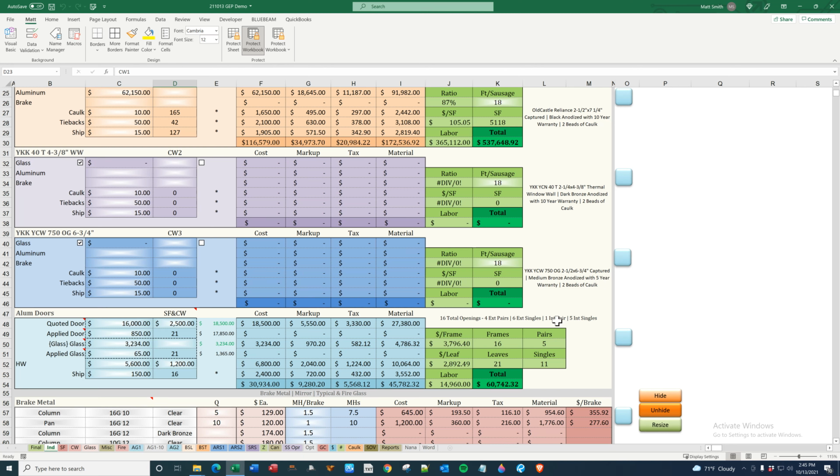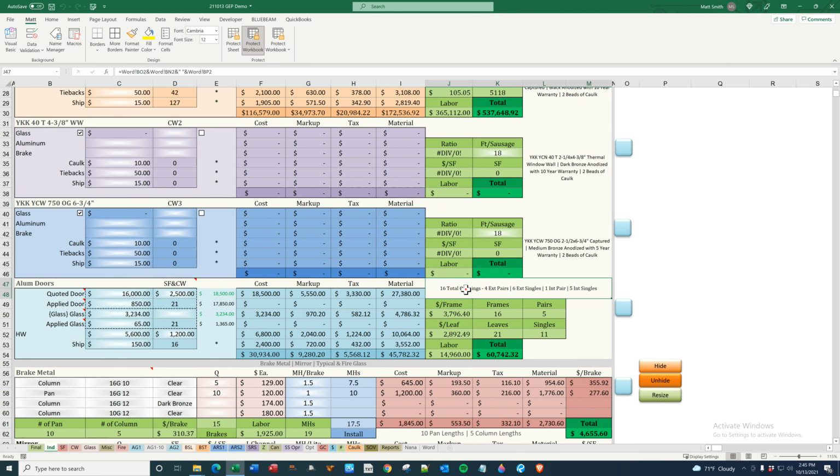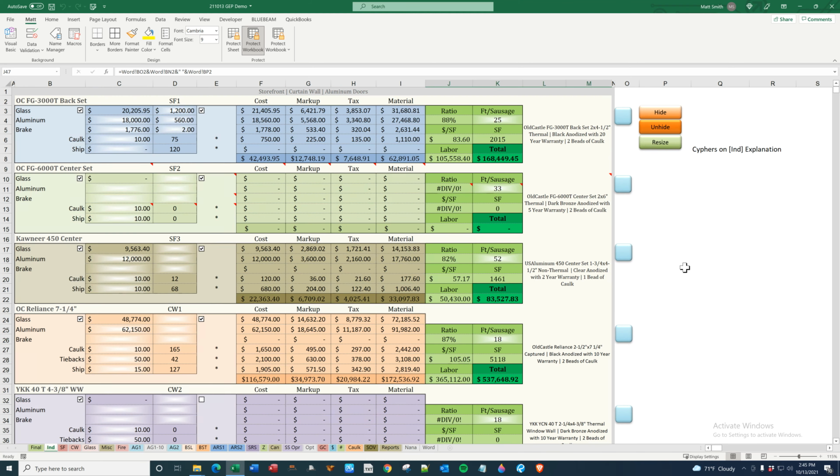One interior pair and 5 interior singles are pulled from CW3 or SF3. 4 exterior pairs and 6 exterior singles are pulled from SF1, SF2, CW1, and CW2. So that is how you properly populate Easy Proposal.